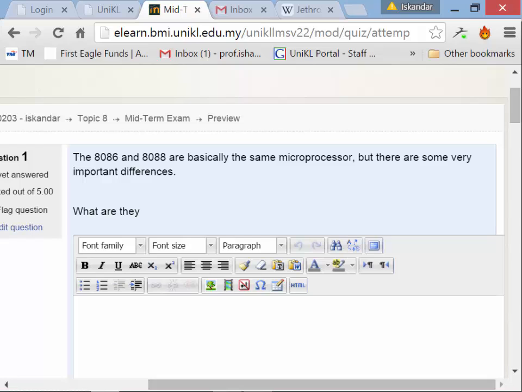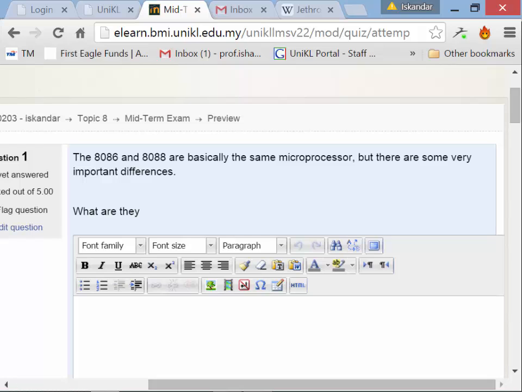If you look at the Bride book, the 8086 and 8088 are covered in the same book. They're talked about as if they're the same processor. They are basically the same processor, but there are some very important differences. The number one important difference that I would be looking for is that the 8086 is a 16-bit microprocessor internally and externally.